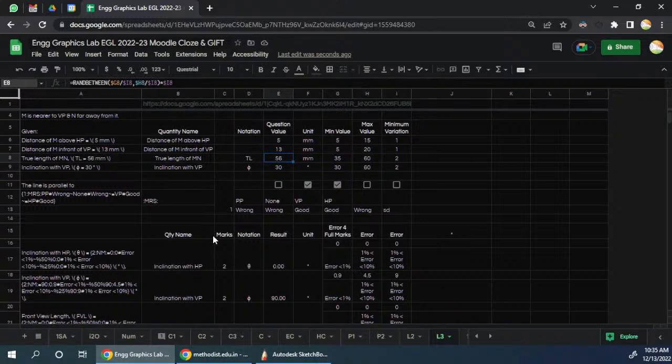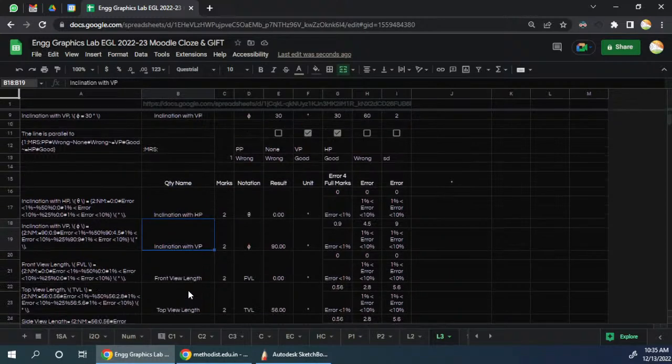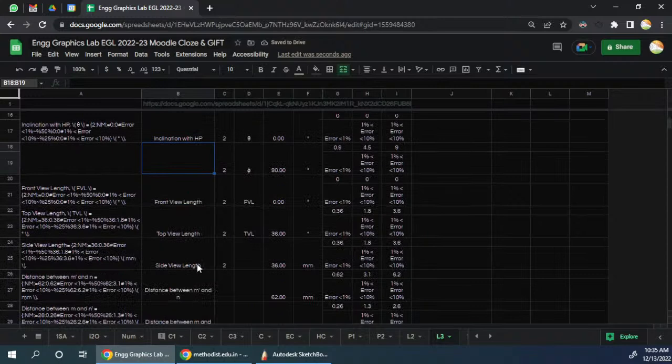Okay, so now let's see what things here are to be calculated. Inclination with VP is given, inclination with HP is going to be 0. That's not required. Instead, we'll have front view length, top view length, and side view length. All three would be good.